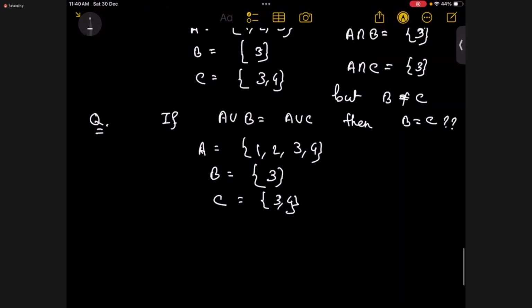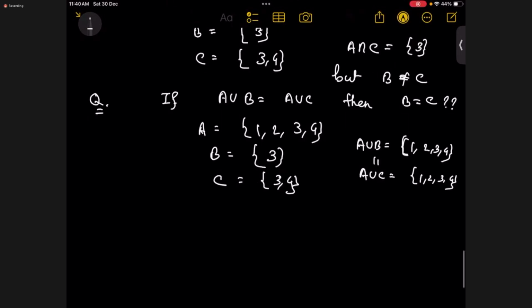Then what about A union B? {1, 2, 3, 4}. And what about A union C? Again {1, 2, 3, 4}. So these two sets are the same, but you can clearly see that B and C are not equal.